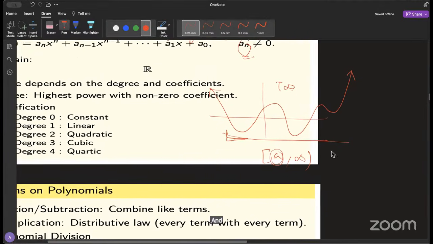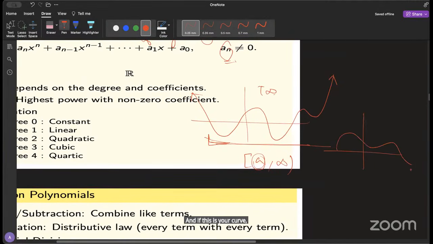And if this is your curve, then it's going to be from minus infinity to b, where b is this height.